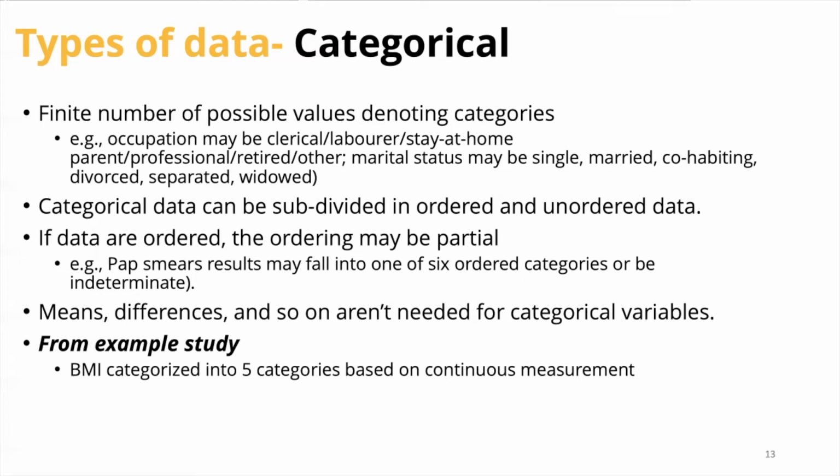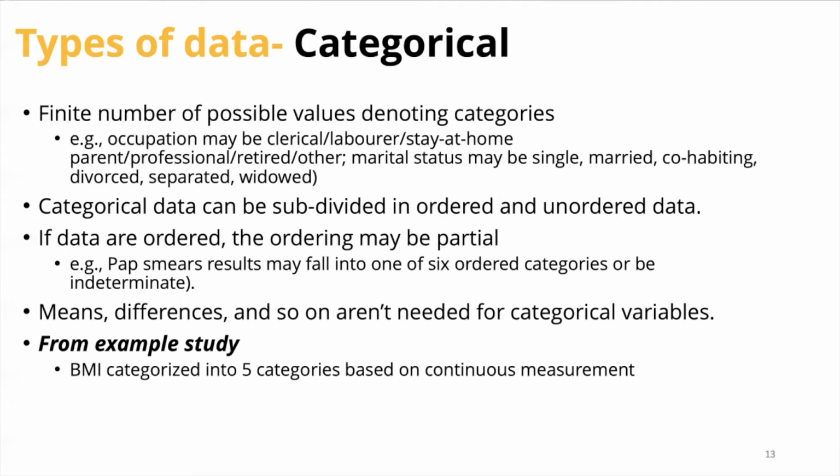But if you've categorized the number of pap smears someone might have, and it's 6 ordered categories, then you can say someone's had 0, 1, 2, 3, 4, 5, 6. Each of those is a separate category, and you can order those in ascending or descending order. So that's important to understand.